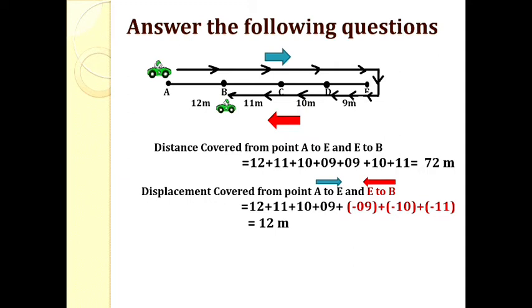So the displacement covered from A to E is 12 plus 11 plus 10 plus 9, but while returning, the displacement from E to B was minus 9 plus minus 10 plus minus 11. Hence, the total displacement in the total traveling is 12 meters only.